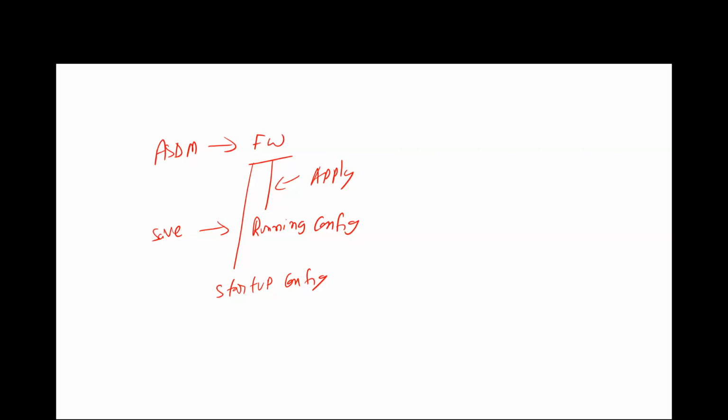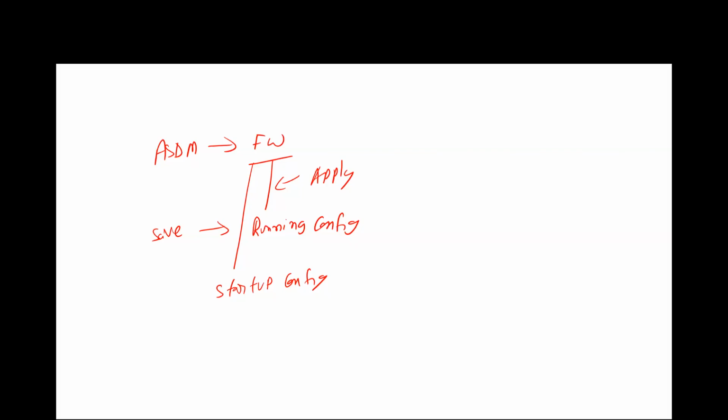But all the configurations that you do now will be saved into the running configuration. If you do not save the running configuration and you reboot your device, all the configuration changes that you have done will be lost.